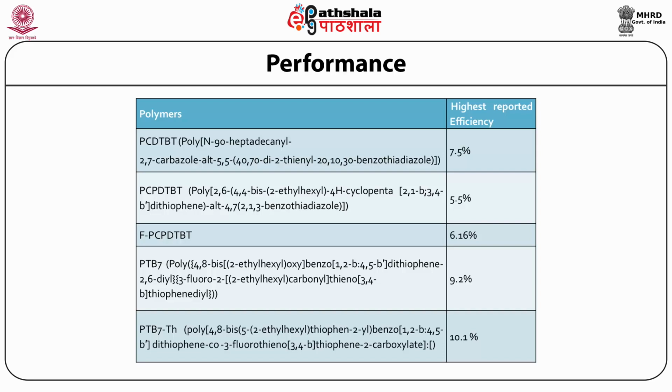Light absorption of low band gap polymers goes up to the IR region, and in combination with the fullerene derivative, they are able to absorb in the visible and UV region as well. So, this table shows some of the low band gap polymers and their highest reported efficiency.